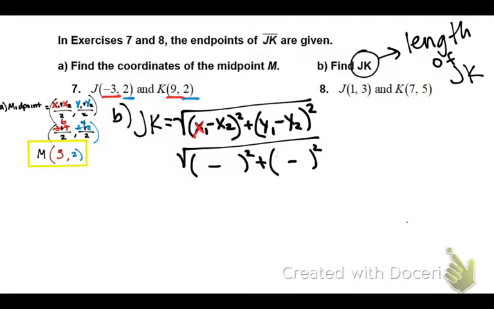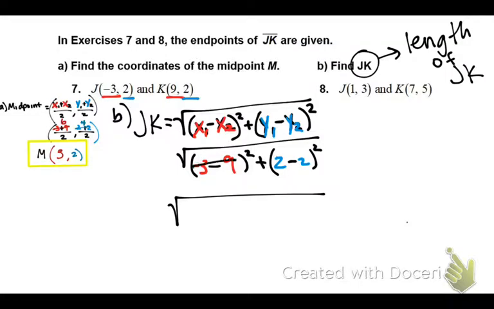What is my first x? Negative 3. And my second x? 9. My first y? 2. And my second y? 2. Then we've got negative 3 minus 9, which is?